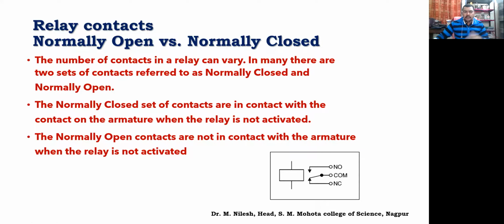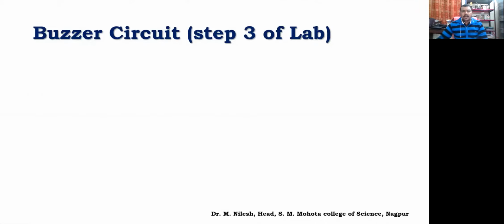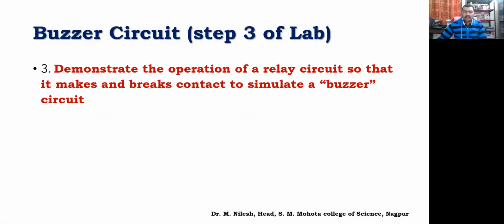So these are the relay contacts that we are specifically using, and there are some buzzer circuits that we can develop in our labs also. We can demonstrate the operation of relay circuits so that it makes and breaks contact to simulate a buzzer circuit, right? In fact, in second year, we used to make a temperature-controlled circuit, right?